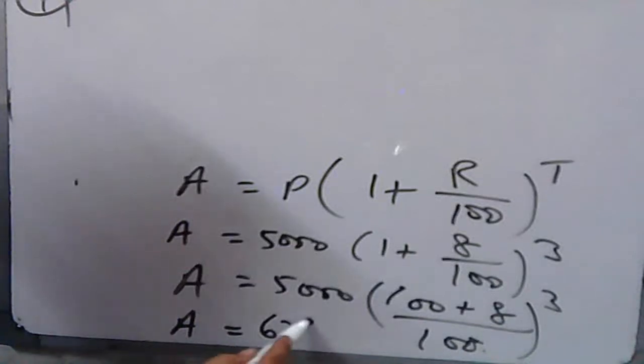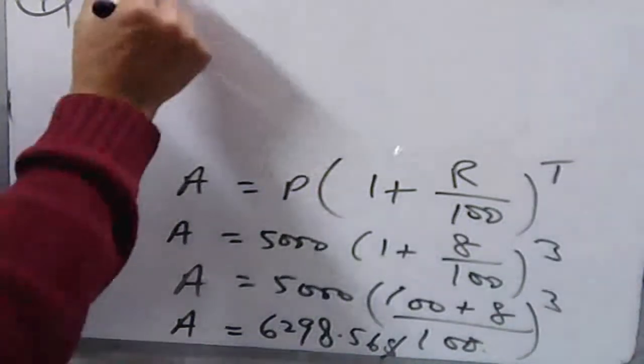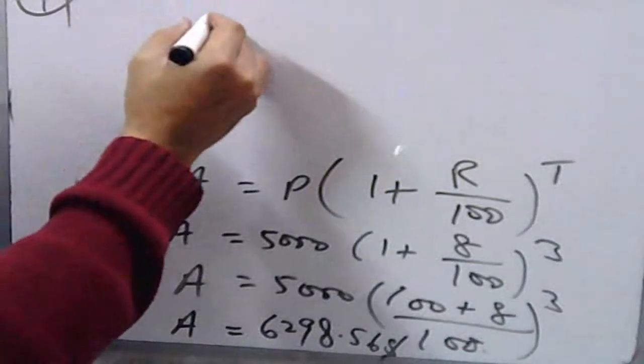Now we have to calculate the simple interest. As you can see here, we have another formula, that is amount is equal to principal amount plus interest. We have to find interest. So leave here interest and change this formula like this.